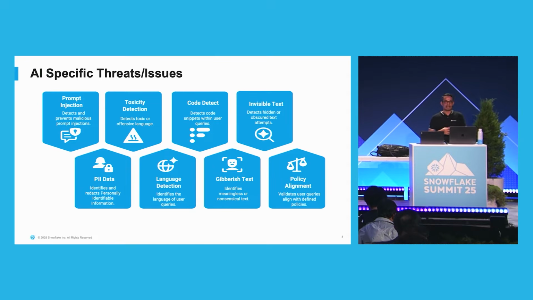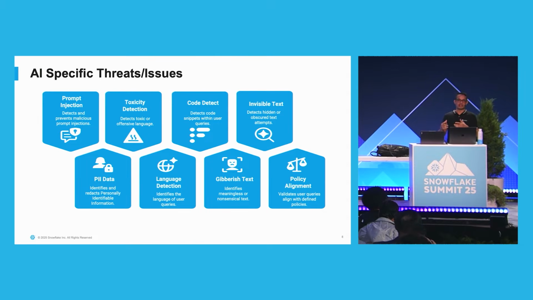Similarly, there are other threats, like PII data, so leakage of personal information that poses GDPR-related risk, and toxicity detection. Basically, somebody can trick the AI assistant into producing toxic content, which is offensive language, from your system.